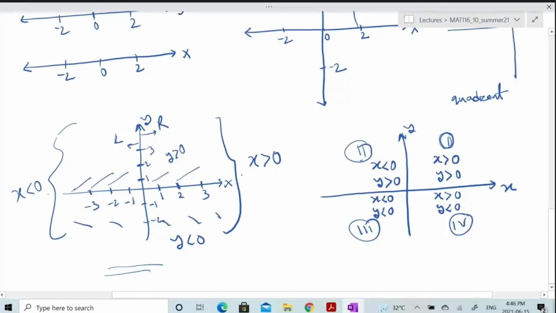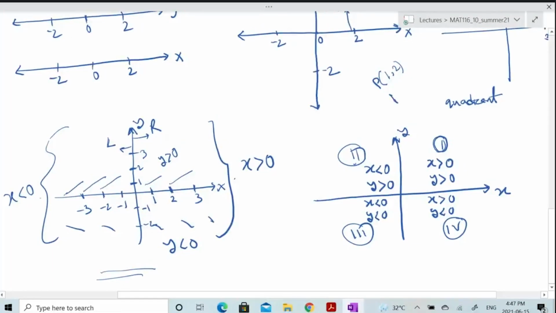Perfect. So you can see in the first quadrant, x and y both of them are positive. If I give you any point, for example 1, 2, you will check their signs. If both of them are positive, then you will say that's gonna be in the first quadrant. If I give you a point like P of -2, 3, you will check the signs.